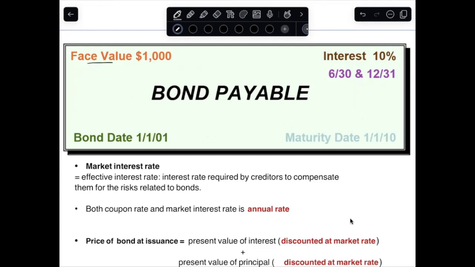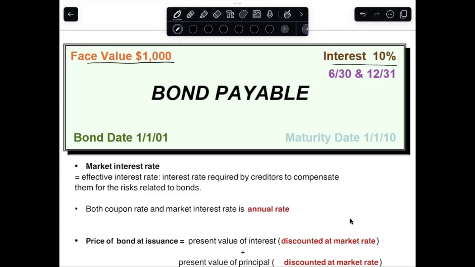The face value 1,000 means the company or the government will pay you 1,000 when the bond matures, and the interest is 10%.